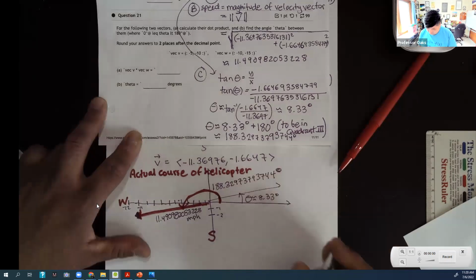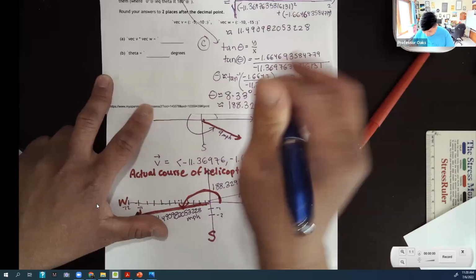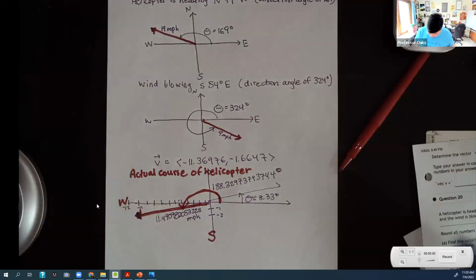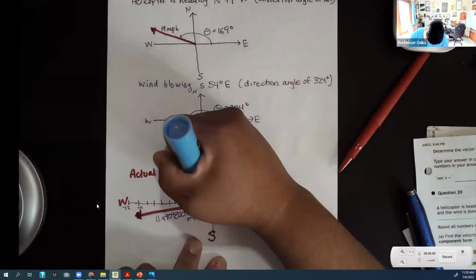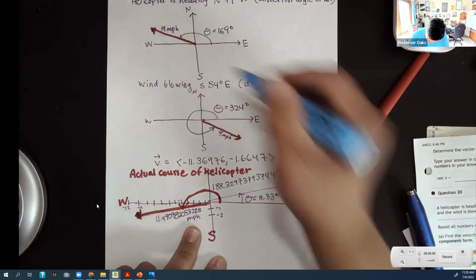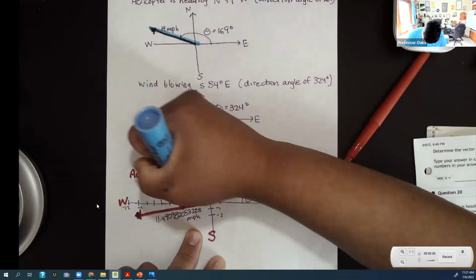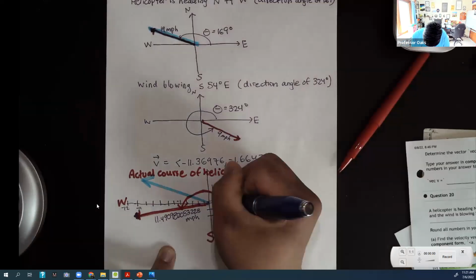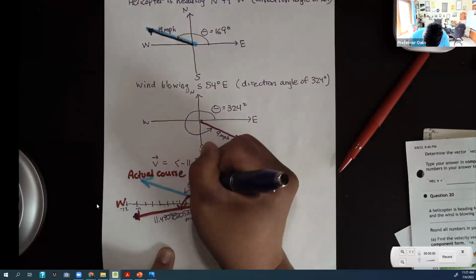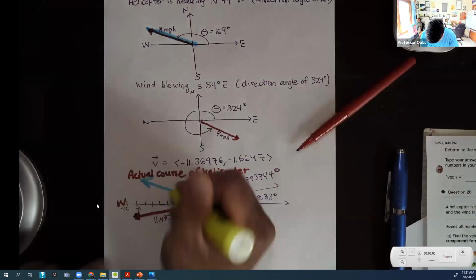But what's actually happening is that the delta they're asking for, they want you to take the original 169 degrees. That's right here. So the original 169 degrees, and then that right here is actually the delta that they want.